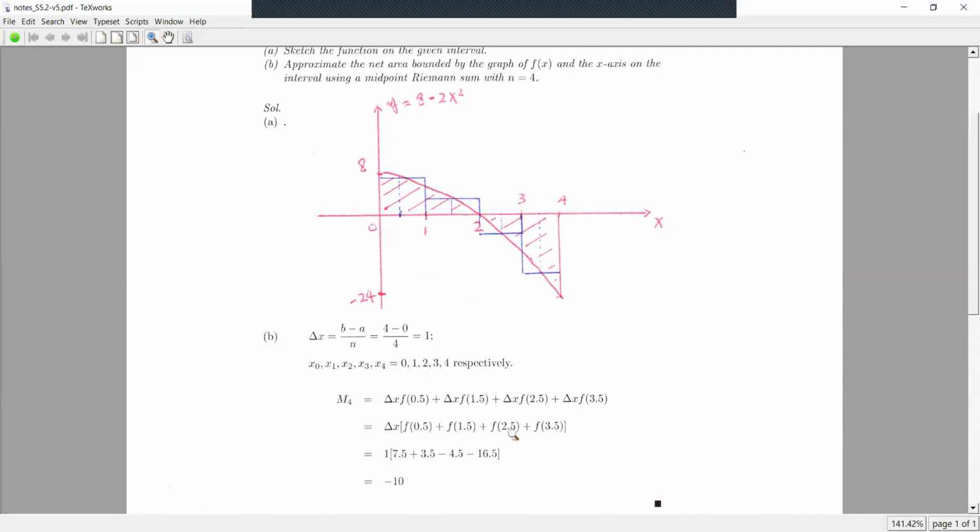The function value at 2.5 is negative 4.5. And this function value is negative 16.5. Now with a calculator, we get negative 10. So if we use 4 rectangles and build rectangles with function values at midpoints, then the net area is roughly negative 10.